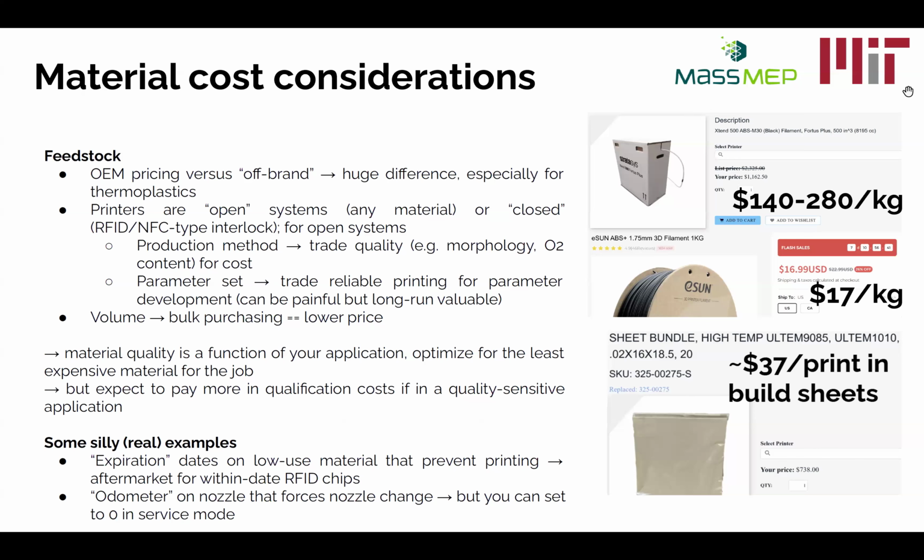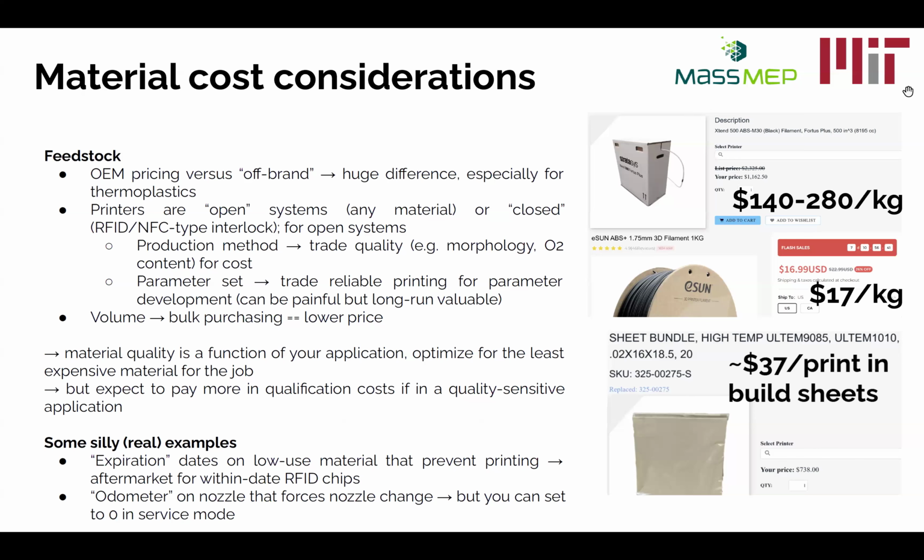Now, these are running in very different machines. I could put a lot of asterisks on this comparison, and I wouldn't say that OEM branded materials will always be 10x what you can buy off the shelf, but there is usually a pretty significant cost premium.